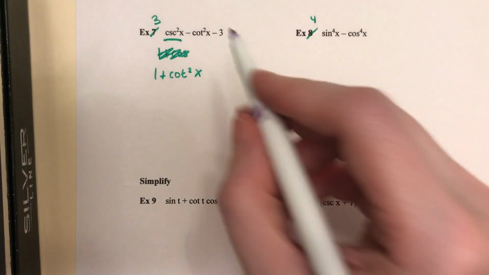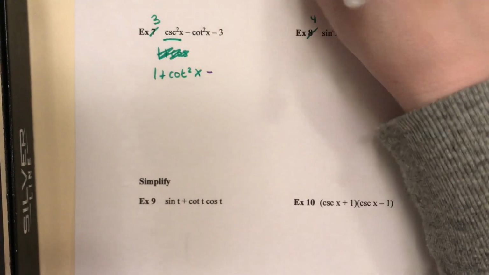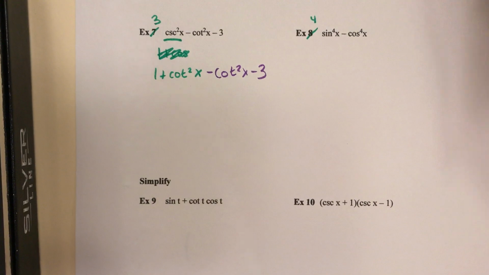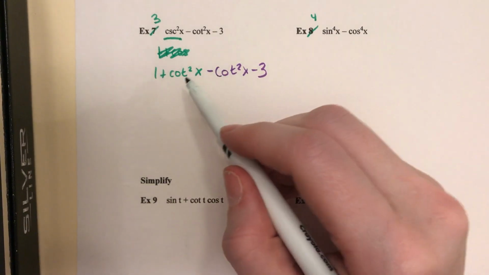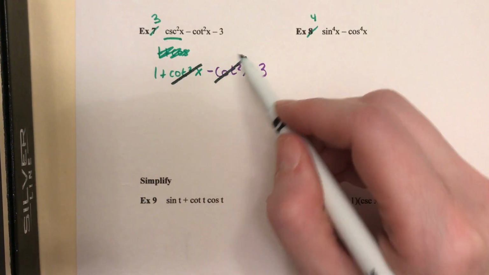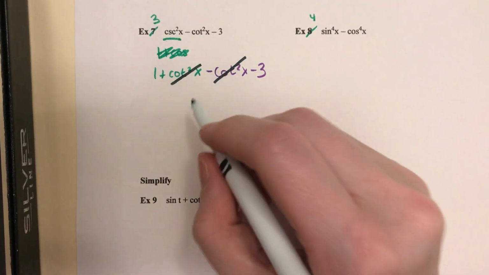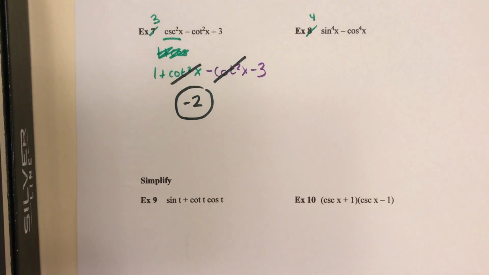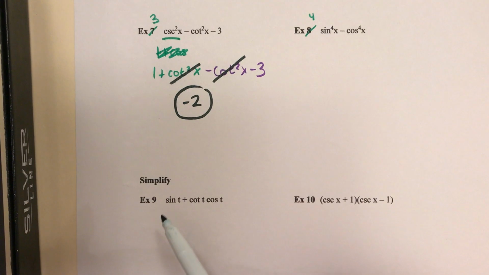And I'm going to bring down the rest, the minus cotangent squared minus 3. Now the nice thing about this is that these cotangents now cancel, and I'm just left with 1 minus 3. So that's negative 2. So in fact, I didn't have to factor anything here, but I could simplify this down to just negative 2.